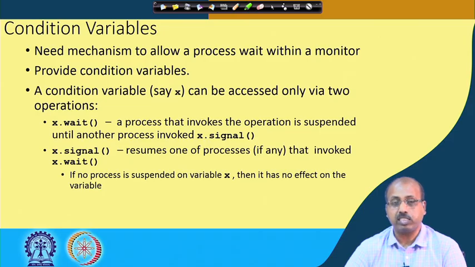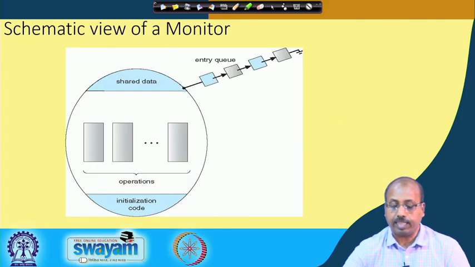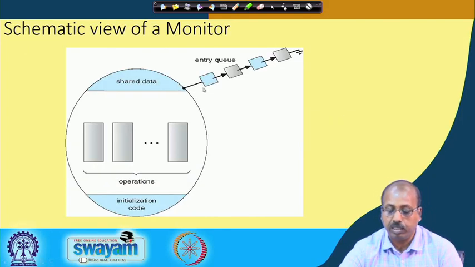But one thing we must note is that any process calling wait on this condition variable x is made to wait outside the monitor boundary. When another process executes x.signal, as in this diagram, you can see that this may be a condition variable which is waiting for some condition.